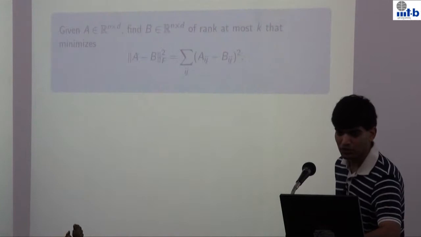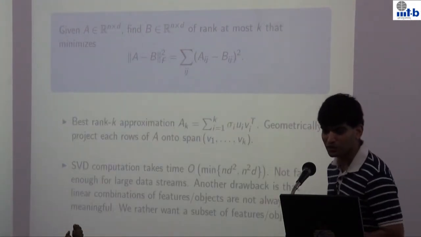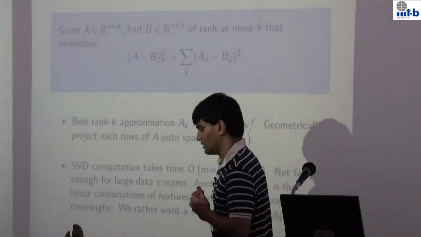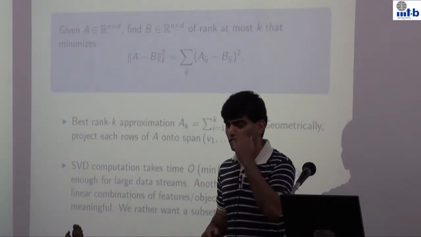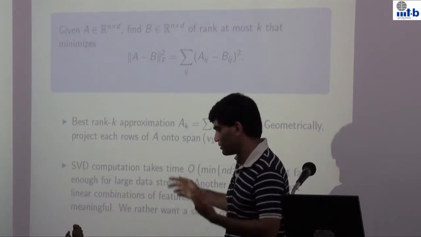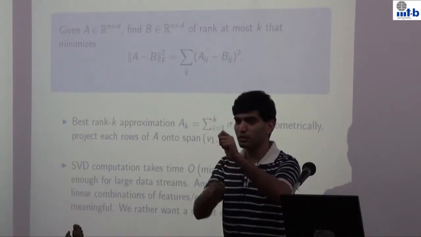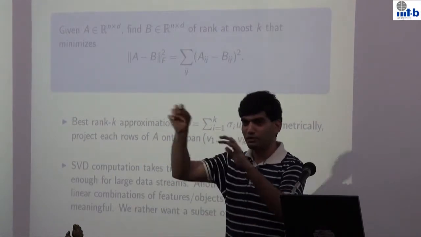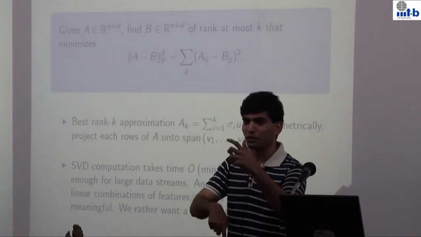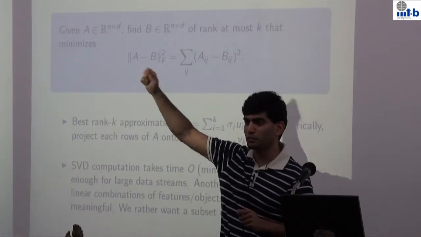Okay. So the other thing that turns out geometrically is, I told you about these document term matrices and so on. Typically all this matrix data can be thought of as a bunch of objects, and each object has multiple features. Whichever way you look at it, you can think of the rows as points or the columns as points.